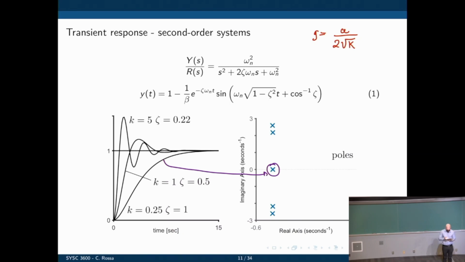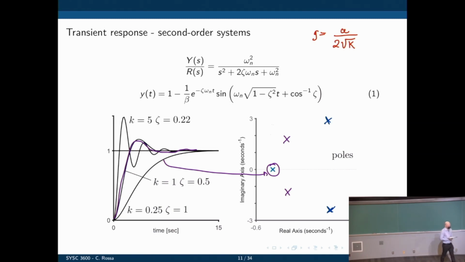Actually, I'm going to erase these guys here because they are too close to one another. We can't really see what is happening. And as we keep increasing k, these poles will break away from the real axis. They become complex conjugates. And that gives the second response here. And as we keep further increasing k, then the poles keep moving.